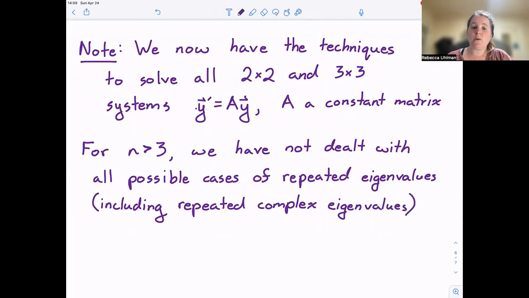So we can somewhat generalize off the techniques that we already built. I am not going to go through these higher situations. So we will not cover the remaining cases in this class.